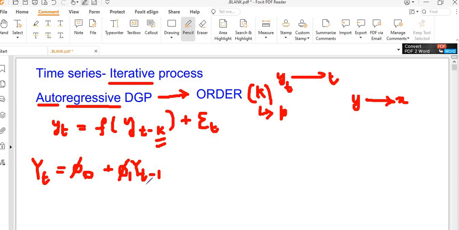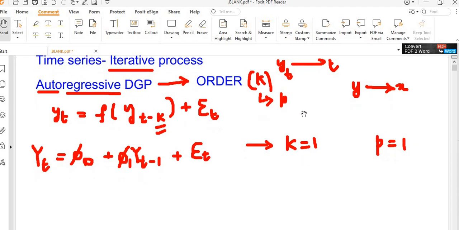So today's value depends on the past value at one period, that is yesterday's value, plus epsilon t. This would be called order 1. Why is it order 1? Because here the highest value of k that you can see is 1. So k equal to 1, and p equal to 1. You will come across why I am saying p equal to 1 as well right about now.